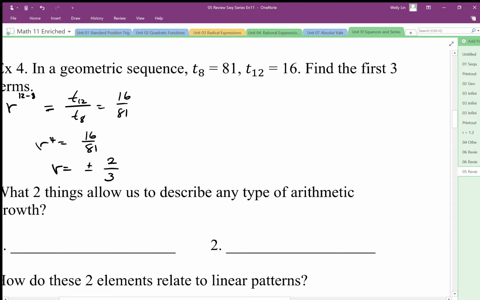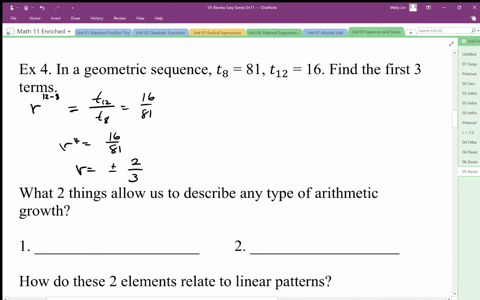So if I want to find the first 3 terms, I can just count backwards. This is my 8th term. I divide by 3, so plus or minus 27. Oh, oops, sorry, that's not correct.